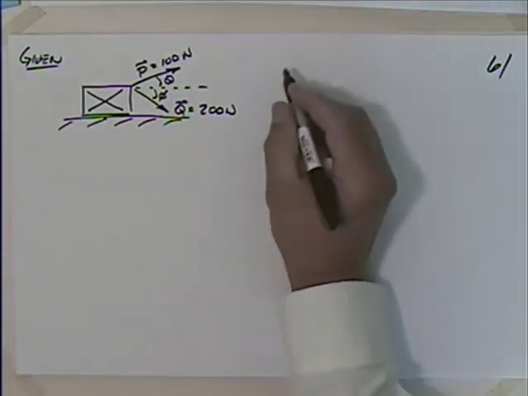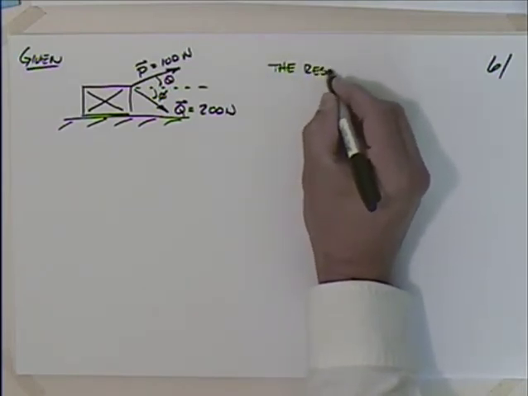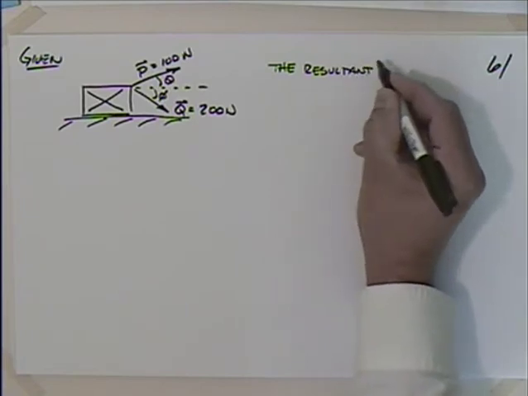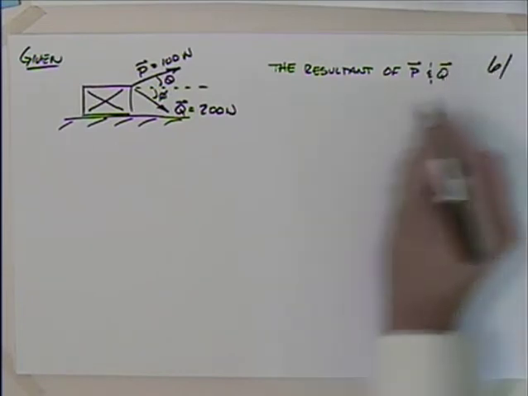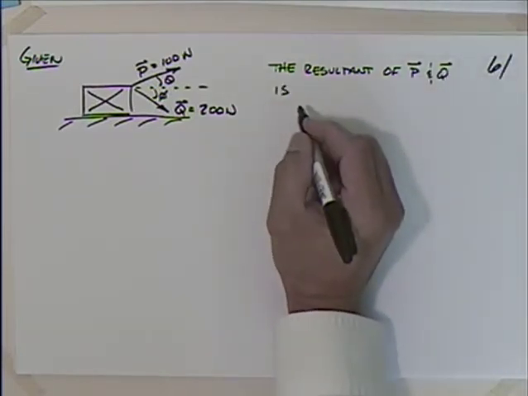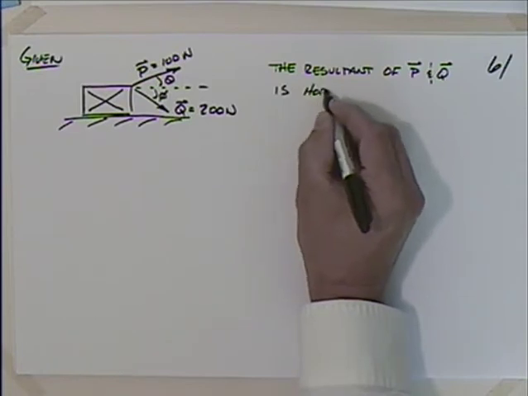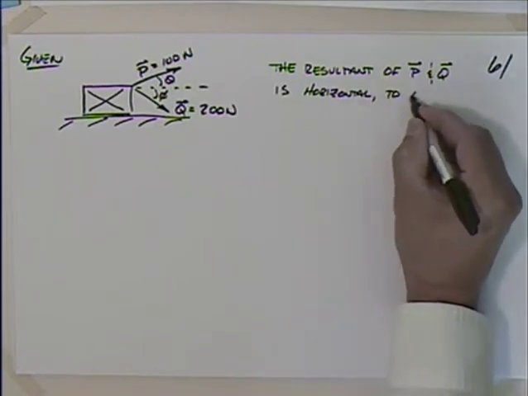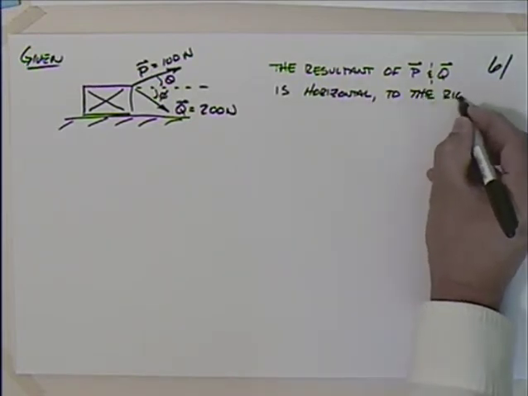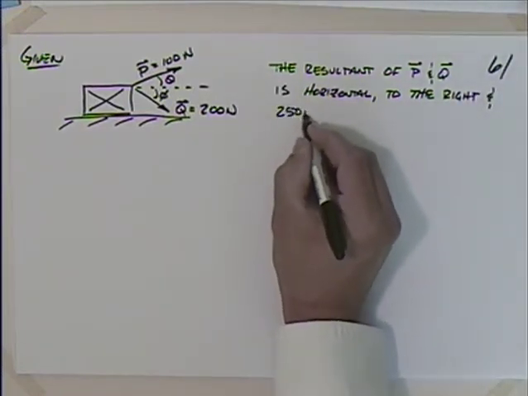And we're told that the resultant of P and Q is horizontal, to the right, and 250 newtons.